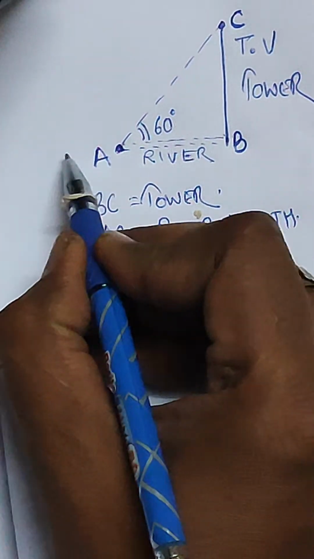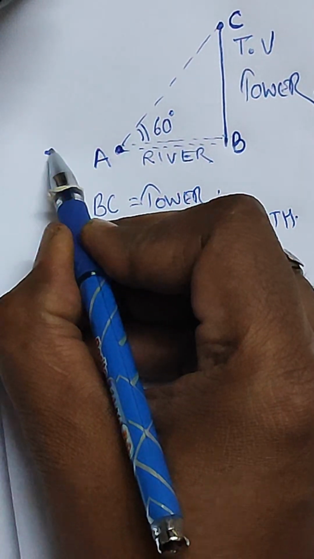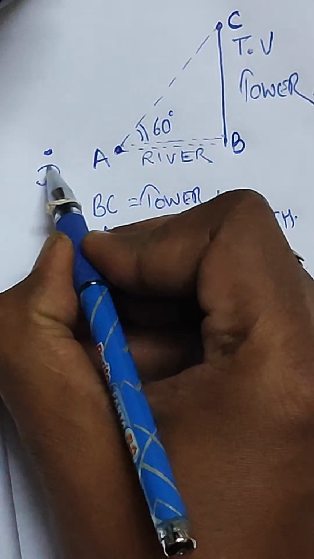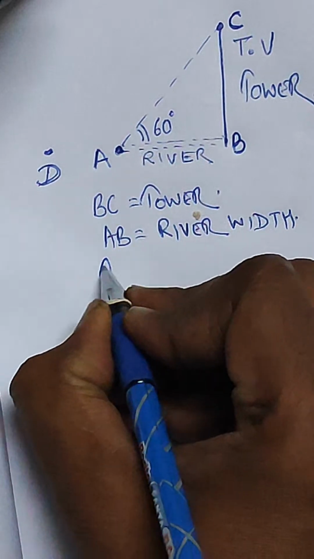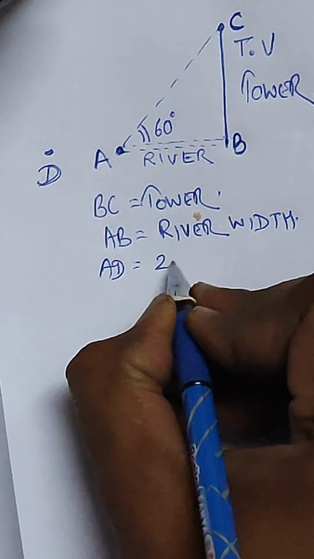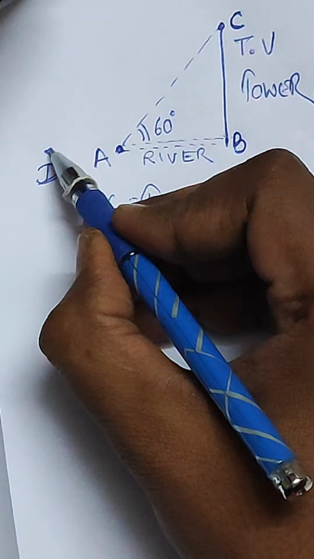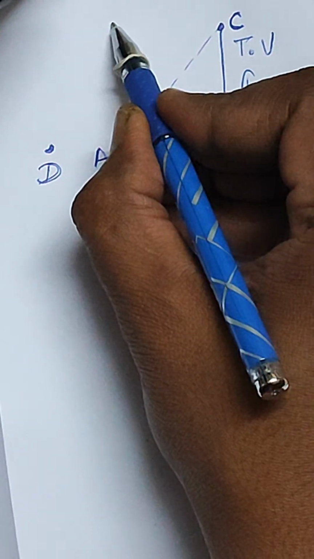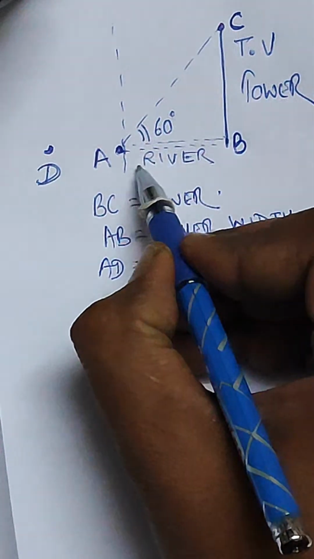That means from a point, let us say this point D, okay, AD is equal to 20 meter, and from the same point and on the same bank of the river, this is the river width, okay.